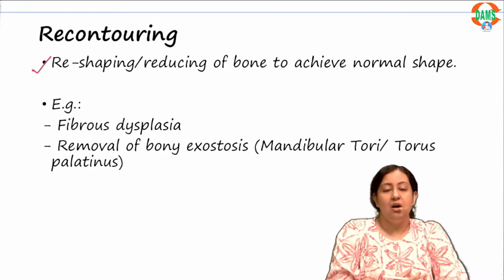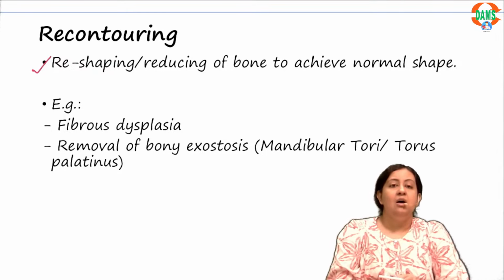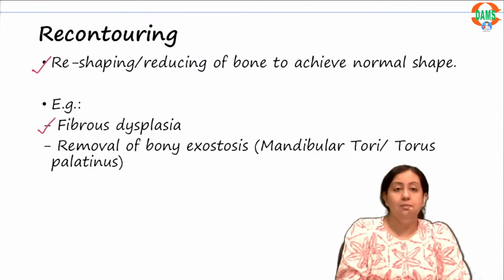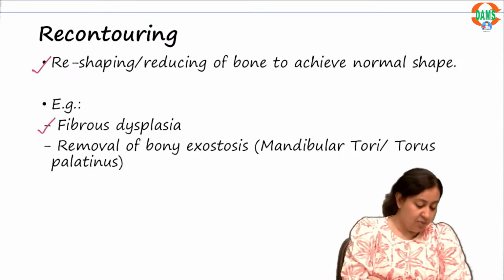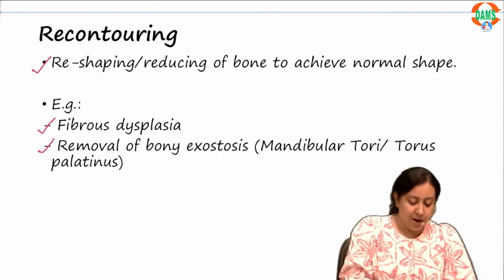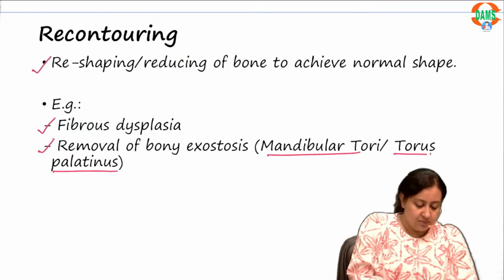If I have to simplify it even further, it means to remove excess or to remove bony overgrowth. Now this can be put to use in fibrous dysplasia. It can be put to use in removal of bony exostosis, especially removal of mandibular tori or torus palatinus.